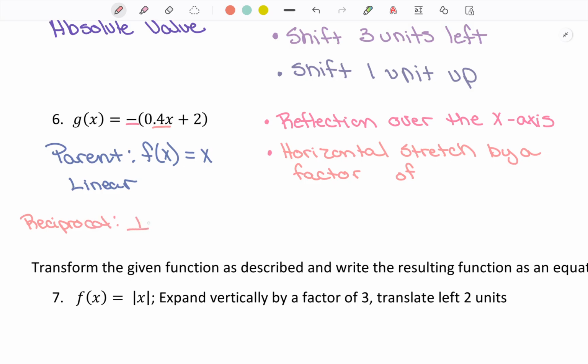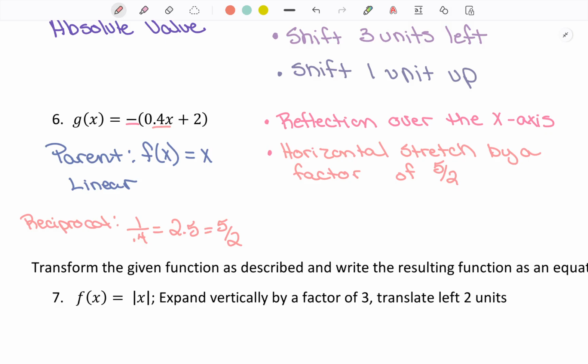So that's 1 over 0.4, which is actually 5 over 2. So a factor of 5 over 2, and actually I did skip a step in how I got that, because when you divide, you should get 2.5, which is 5 over 2.